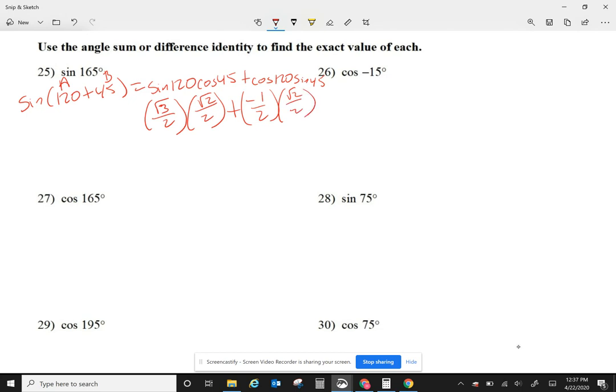So I have radical 6 over 4 minus, I'm calling it minus because of that minus sign, radical 2 over 4. That is basically radical 6 minus radical 2, all over 4. The way I'm going to type this is a big parenthesis on top, radical 6 minus radical 2, all over 4. Now let's take a look at question number 26.